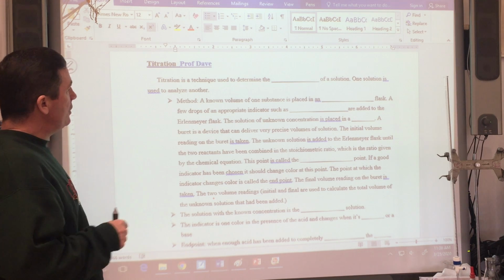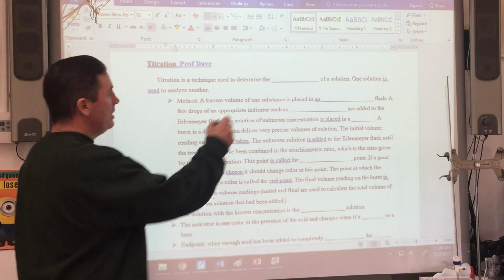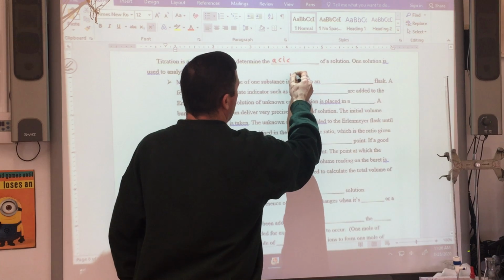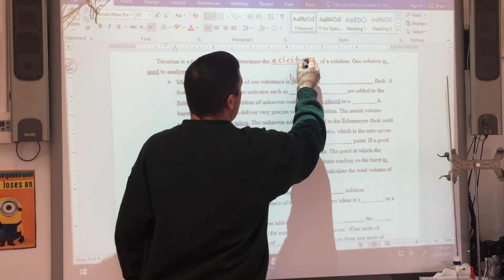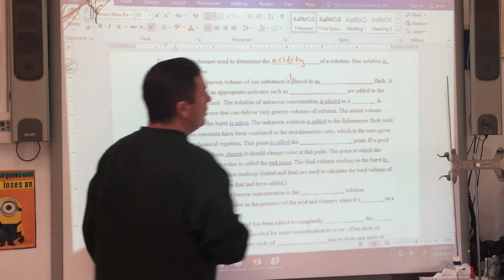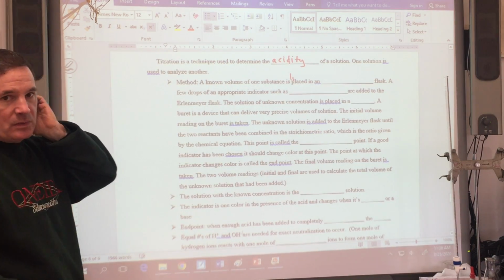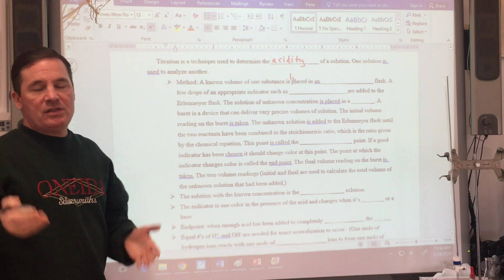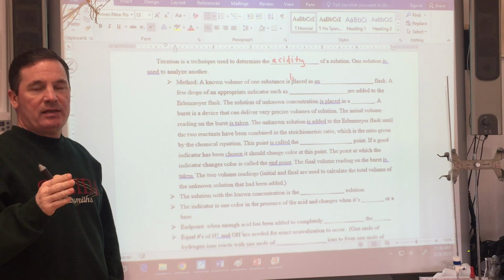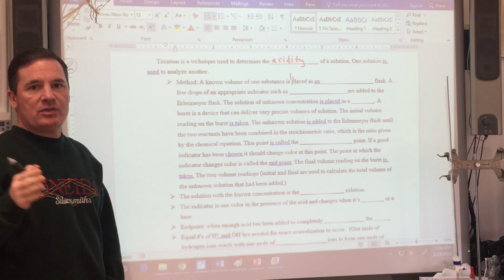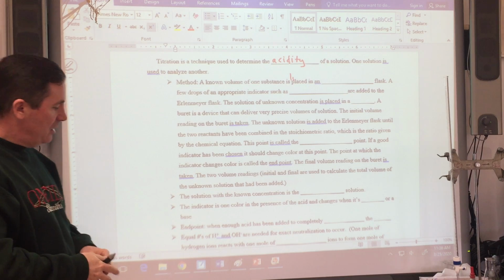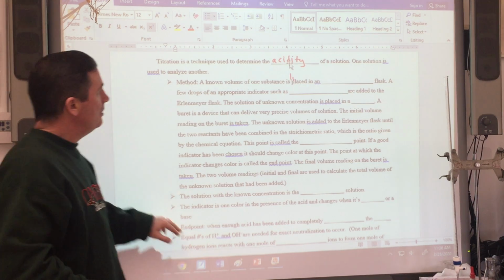So let's look. Titration is a technique used to determine the acidity of a solution. Now you could find the basicity of it as well. Remember, acids go from 0 to 6.99, neutral is 7.0, and then 7.01 and up to 14, those are bases, right?